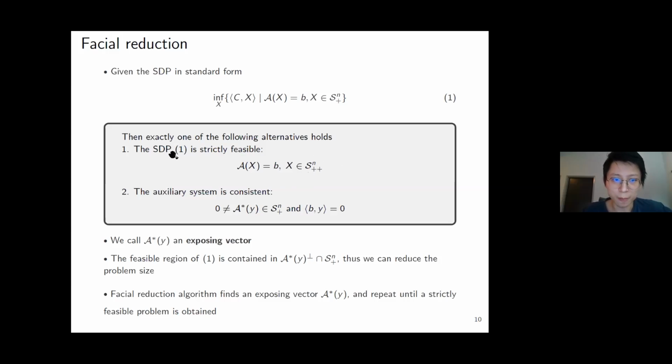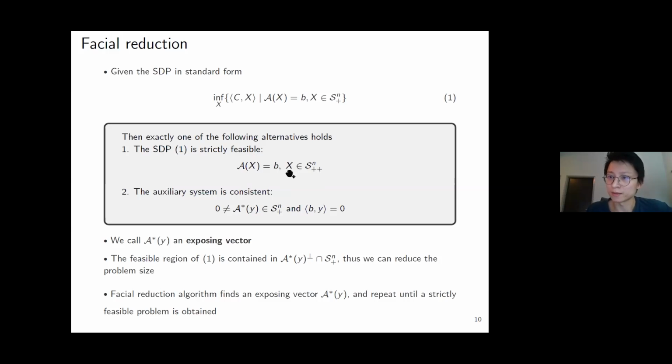So that means if SDP1 is not strictly feasible, these two convex sets, the one determined by this linear equation and the set of positive definite matrices, do not intersect.